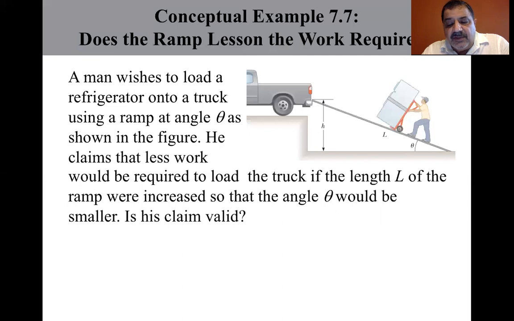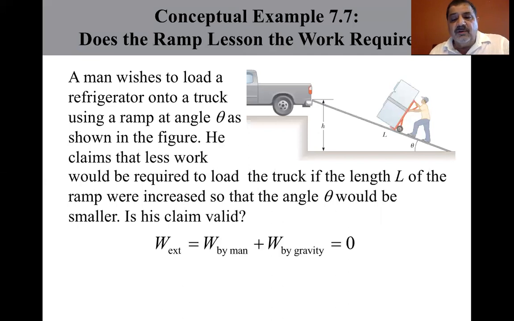Because delta K is equal to 0, the work-kinetic energy theorem applied to the system gives that the external work, the work done by the man plus the work done by gravity, equals 0. The work done by the gravitational force equals the product of the weight, mg, of the system, the distance L through which the refrigerator is displaced, and the cosine of theta plus 90 degrees.